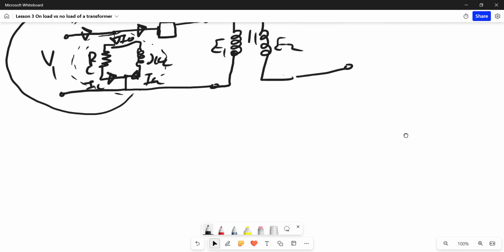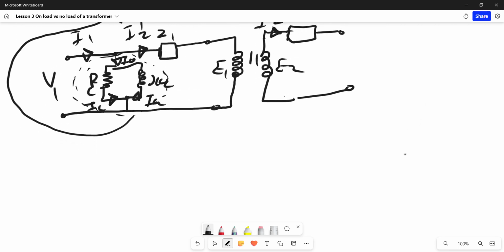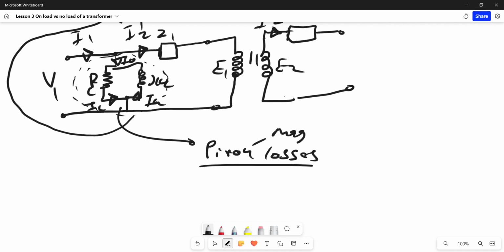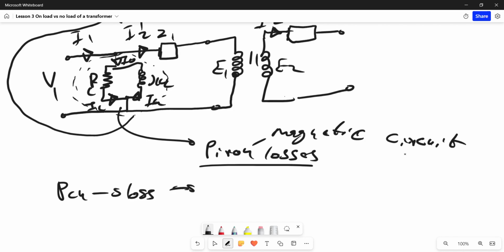Now remember the magnetic circuit. What happens in the magnetic circuit? You get the iron losses. Iron losses are found in the magnetic circuit. And then what happens? Copper losses are found in the windings.